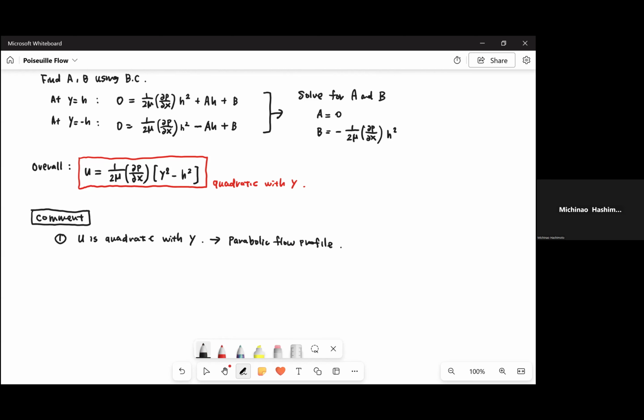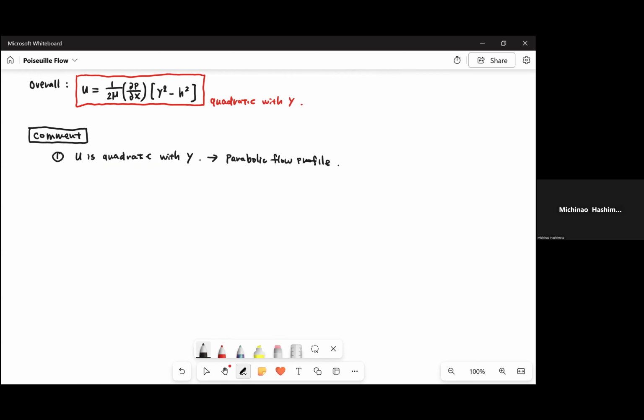So let me try to describe what it means. It's a parabolic profile. Let's just recall here, this is the dp/dx. This is the pressure gradient in x, which is delta P over L. This value itself is less than 0.